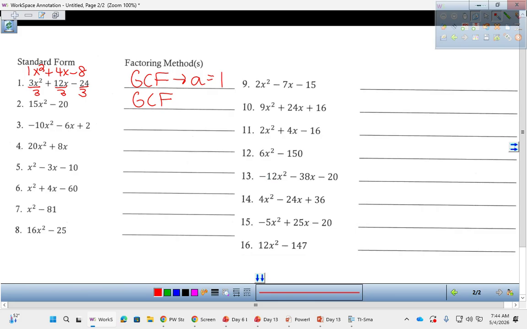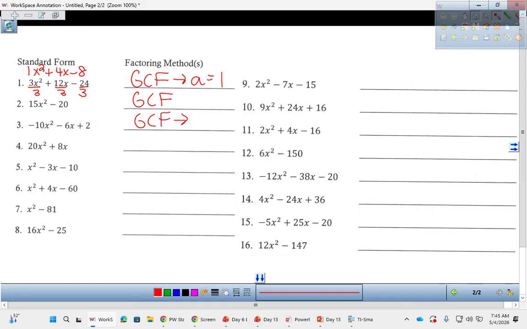All right, what about the next one? Andrew? Very good. There is a GCF here. 10, 6, and 2 are all even numbers. And if they're all even numbers, every even number divides by what? So I can divide out a 2.